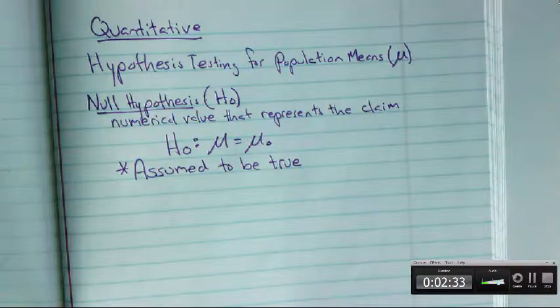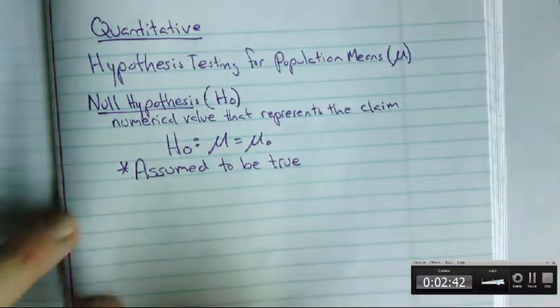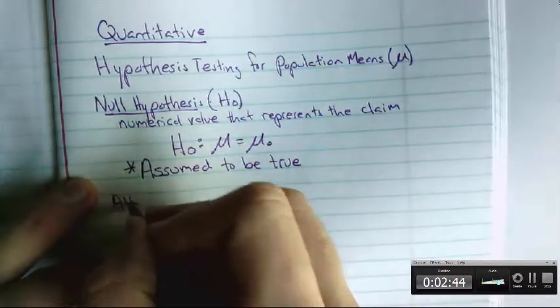If you want to say, I believe that it's more than $12,000, then you run a one-tail test. If you want to say, I just believe it's not $12,000, you run a two-tail test. Of course, we still have the alternative hypothesis.